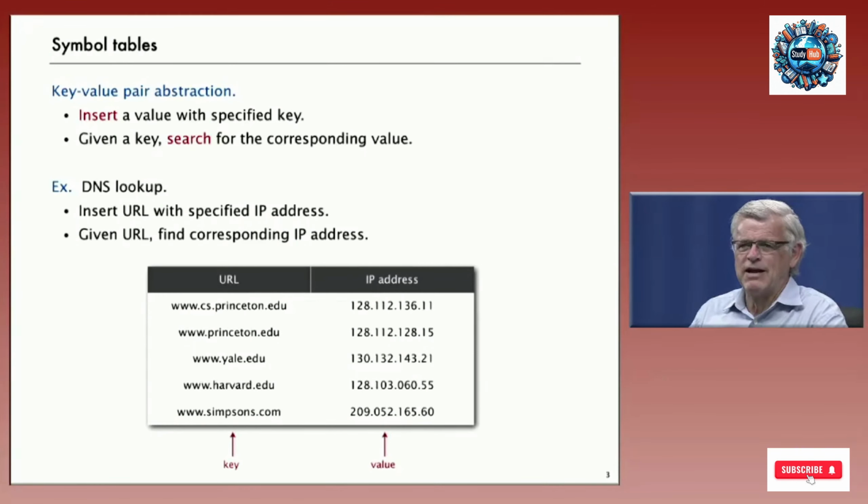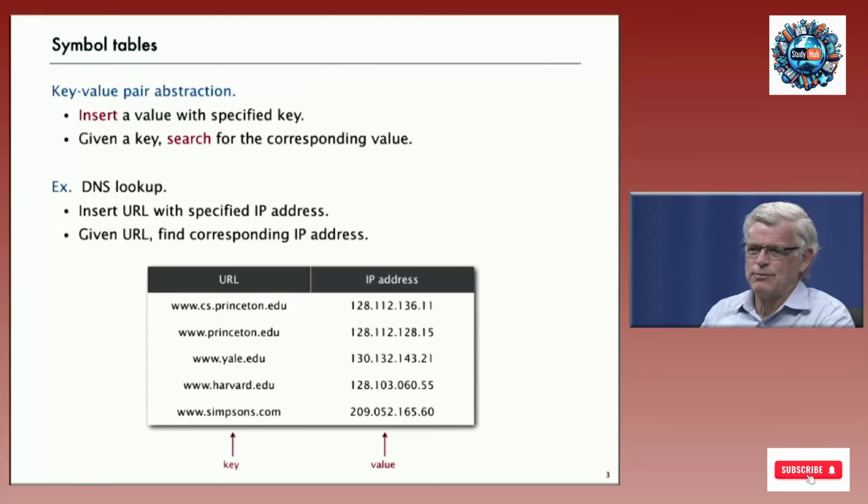Now the keys and the values can interchange roles, and that's why we have the abstraction to separate them. So for example, a domain name server might have a lookup where you've got a table that's got an IP address and a URL associated with that IP address.